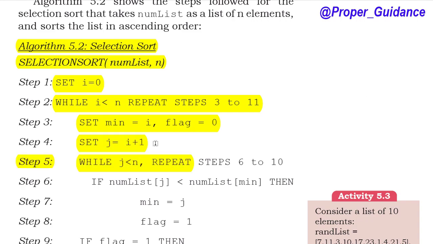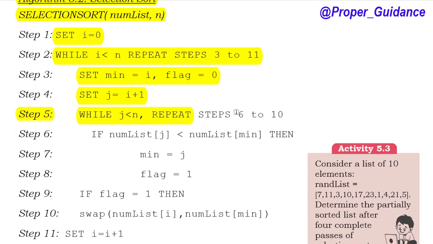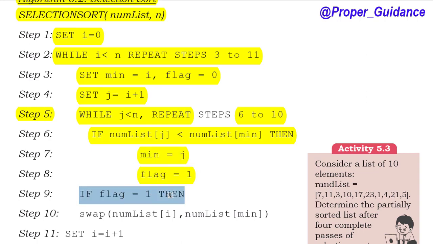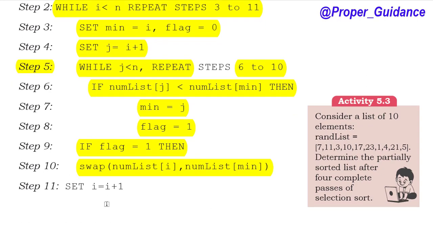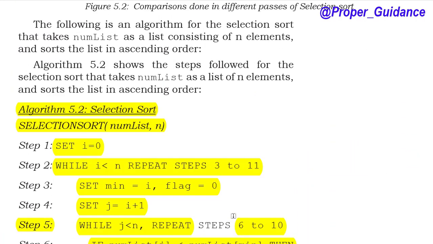Set j equals i plus 1. Step 5: while j is less than n, repeat steps 6 to 10. If num list j is less than num list min, then min equals j, flag equals 1. If flag equals 1, then swap num list i and num list min. Set i equals i plus 1. So this is the algorithm for selection sort.